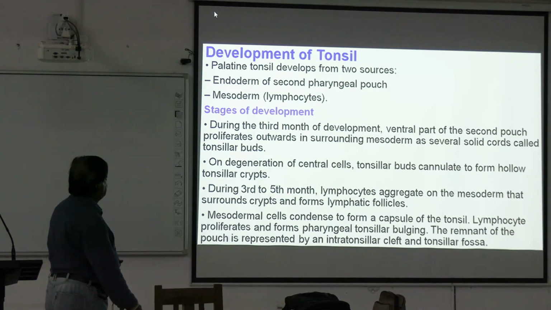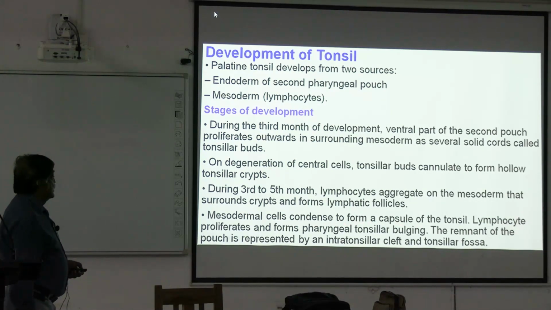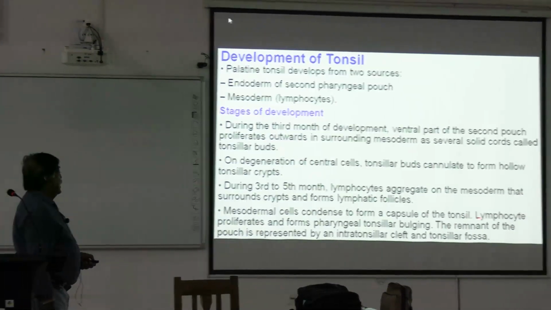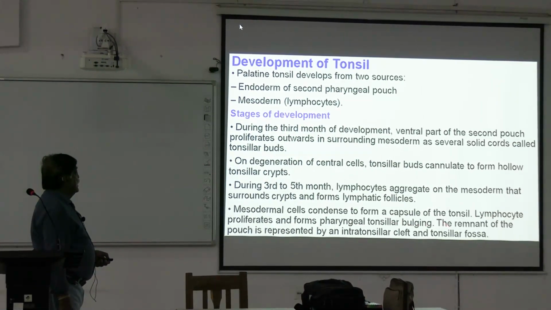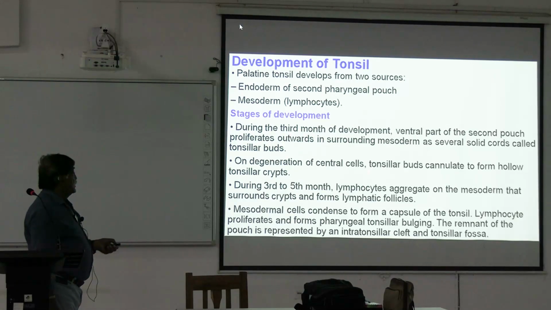During the third to fifth month, lymphocytes aggregate in the mesoderm and surround the crypts and form lymphatic follicles. Mesodermal cells condense to form a capsule of the tonsil, and lymphocytes proliferate and form the pharyngeal tonsillar bulging. The remnant of the pouch is represented by the intratonsillar cleft and tonsillar fossa. In the previous slides, I told you of the endoderm of the second pharyngeal pouch.